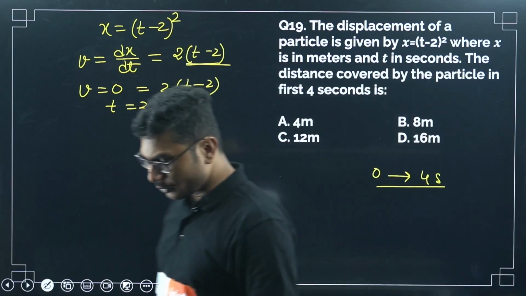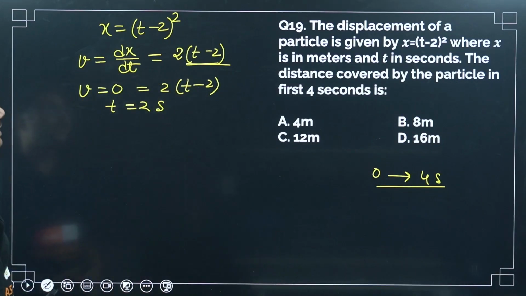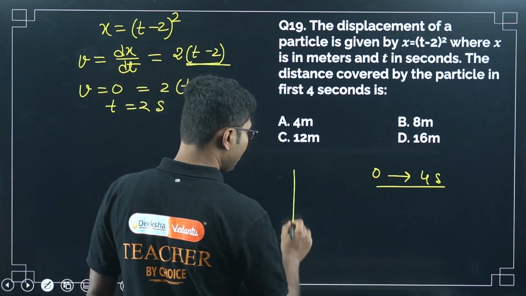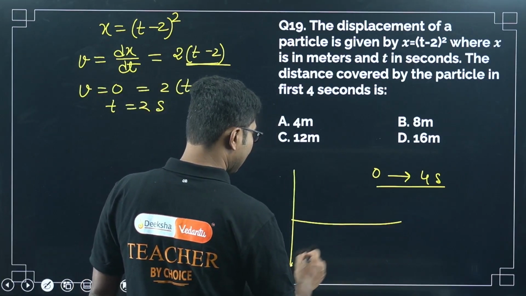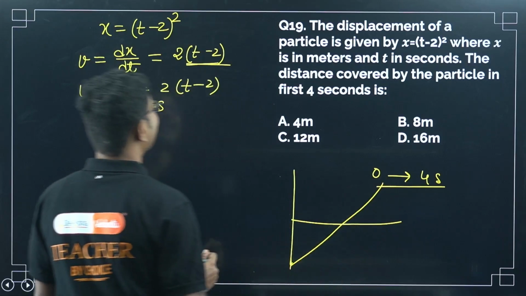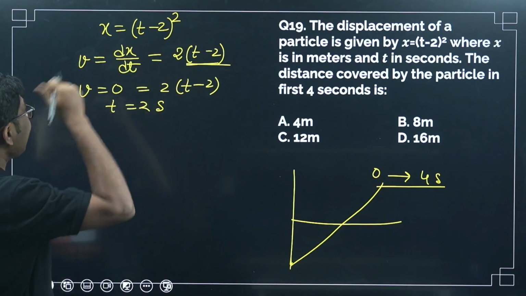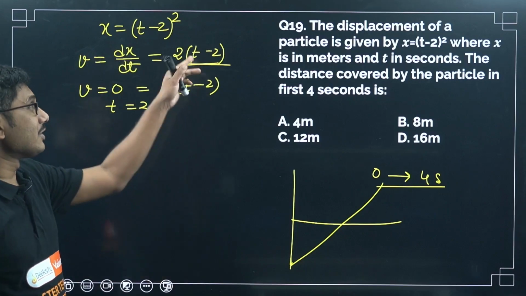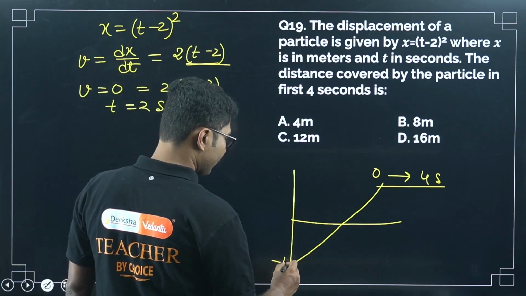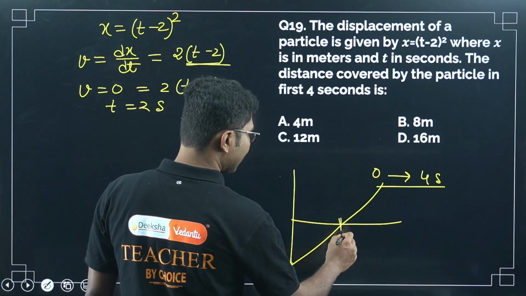If you plot the graph, it will come like this. Initially the velocity was negative. When t equals 0, velocity was minus 4, and then it becomes 0 and then keeps on increasing.